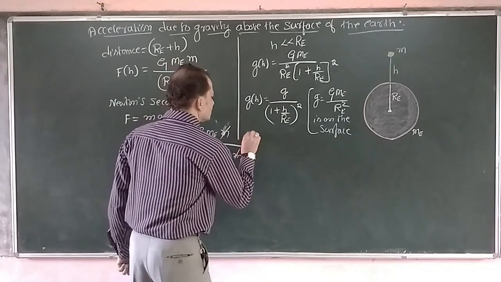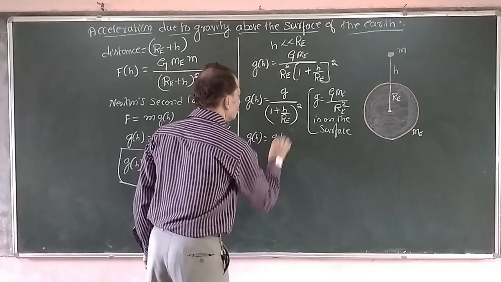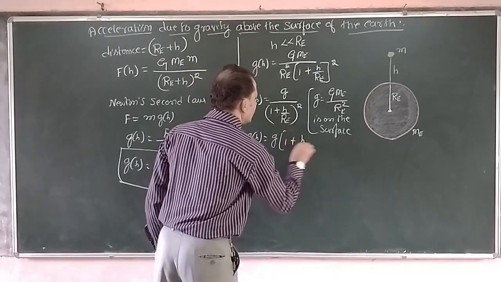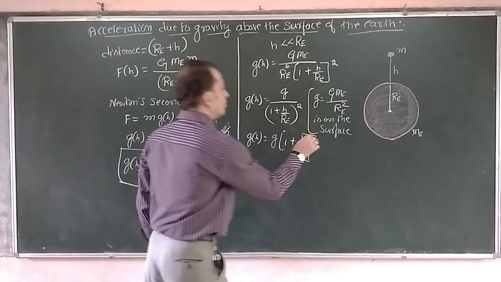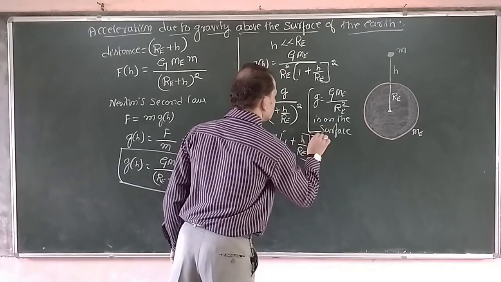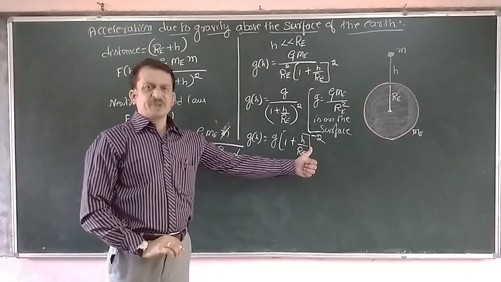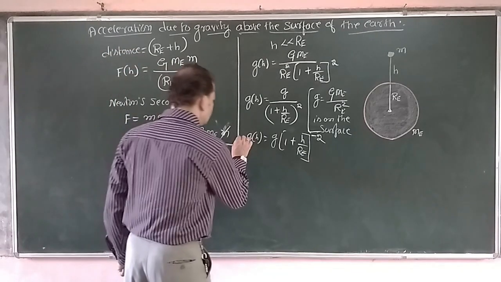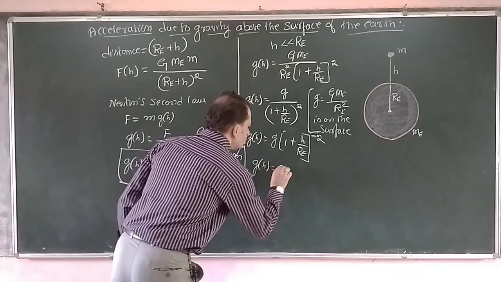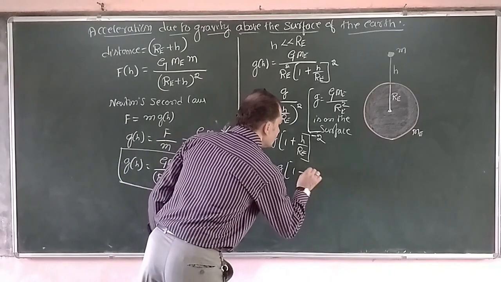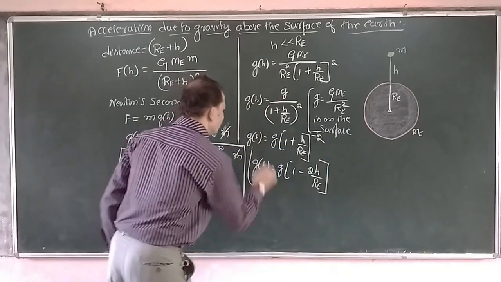And if you further simplify this one, taking the denominator term to the numerator, you will get 1 plus h by Re whole square to the power minus 2. So by using the binomial expansion, this can be further written as g of h is equal to g into 1 minus 2h by Re. This is the final expression.